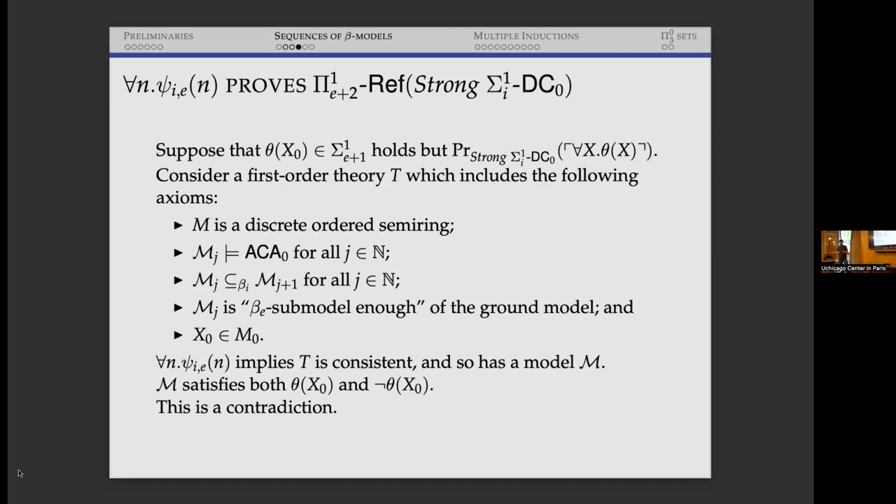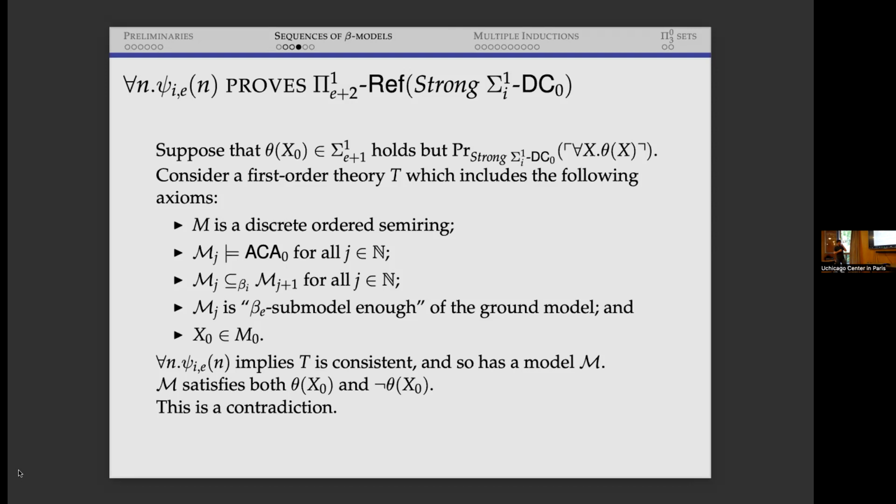We can't get a full beta model because the first order part may be non-standard inside the model we're thinking of. So we just get it beta model enough, because if you have a witness for a formula outside, then you can find a witness for a formula inside. But the converse may not hold, but we don't need it for the proof. And we have x0 inside the smallest of the models.